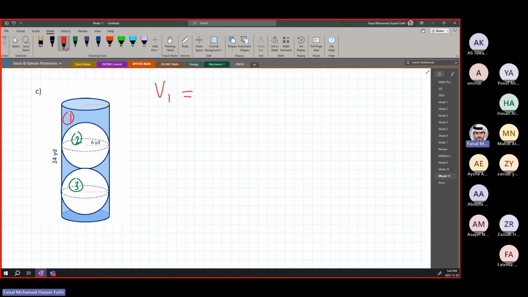V1 is equal to pi r squared times the height. I'm not going to go through all the details. So it's equal to 3.14 times 6 squared times 24 yards. That's the height over here, h. Okay. V1 is equal to, put this in the calculator, 6 squared times 3.14 times 24 is equal to 2712.96.